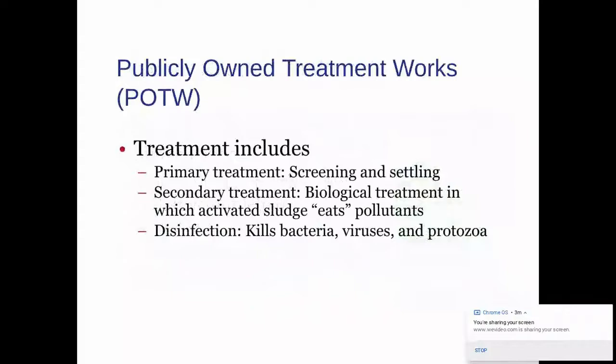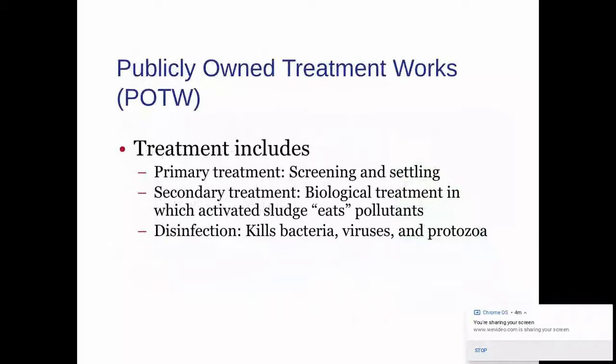So the way treatment works is when it actually is received into the plant, they do some large screening because, who knows what is actually being sent through these pipes. So sometimes you have to screen out some large objects, and then some settling of those large objects. So the primary treatment, the first round of treatment, is just screening and settling.